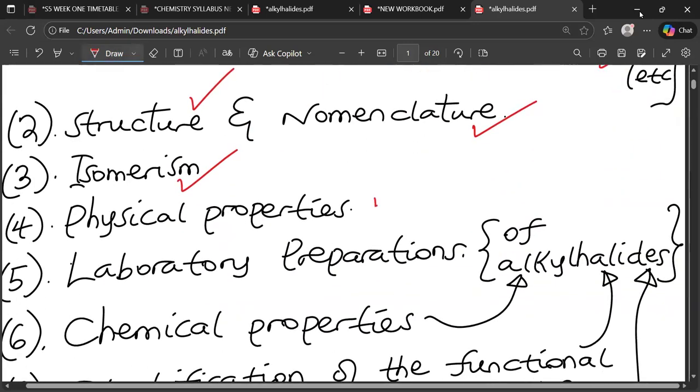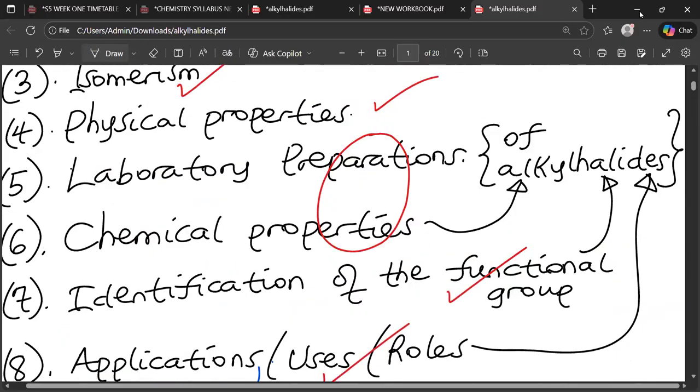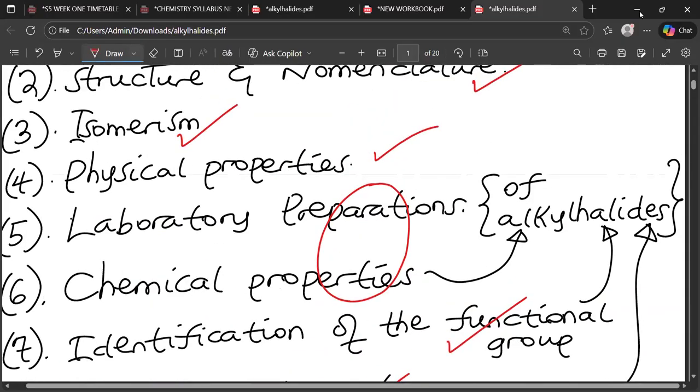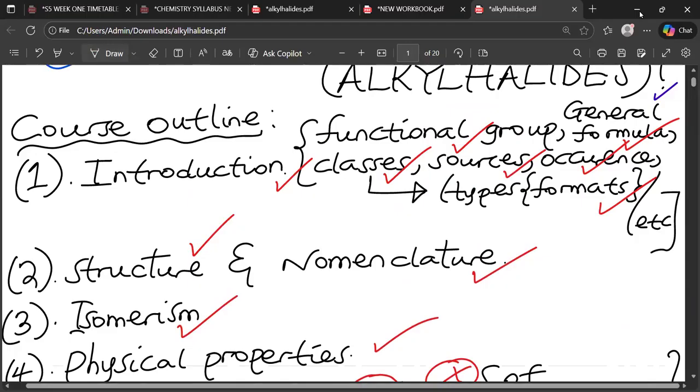Physical properties, you know what to do. Laboratory preparations, I'm going to combine them with chemical properties. Identification, I've given you directions. Applications, I've given you hints. That means we have only 2 things remaining and they can be handled. So at least we have covered 95% of the lesson targets and it is nice.